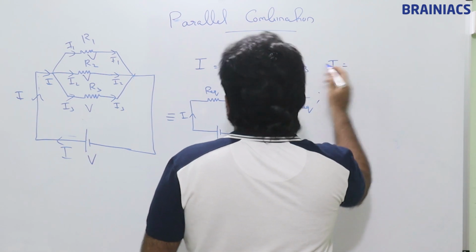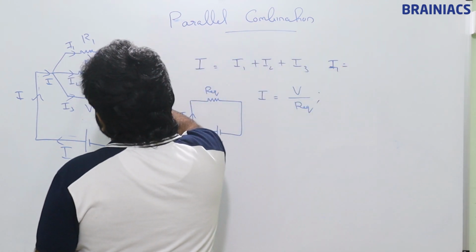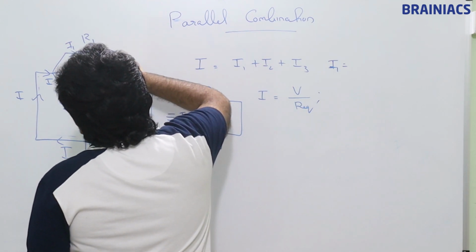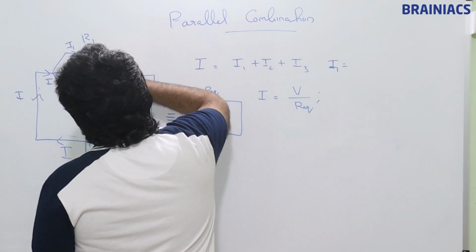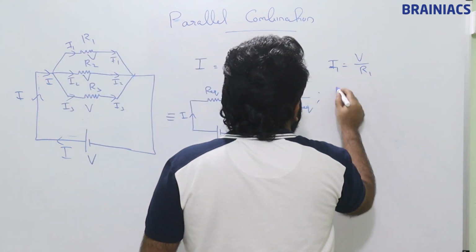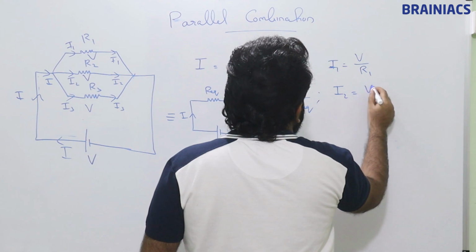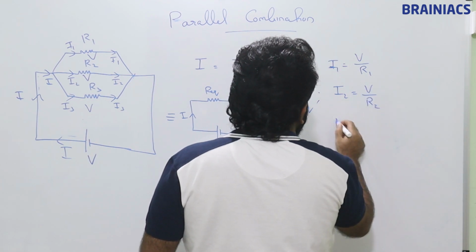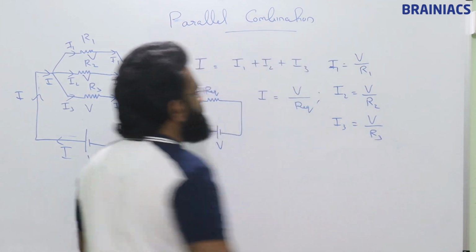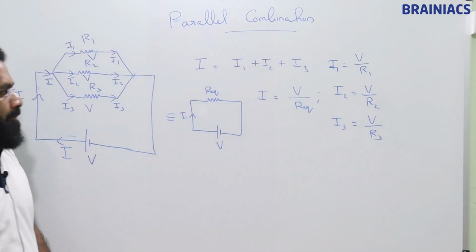Correct? So here I can write I1 is equal to, the voltage across this resistance is V. I is equal to V by R, right? V is equal to IR. So I1 is equal to V by R1, I2 is equal to V by R2 and I3 is equal to V by R3. Is it correct?